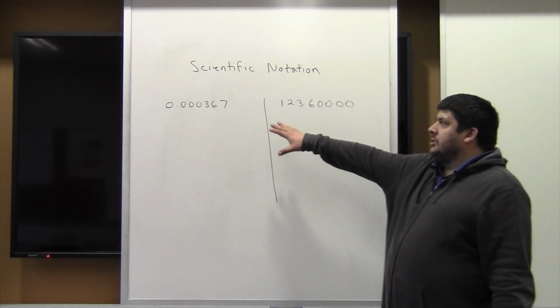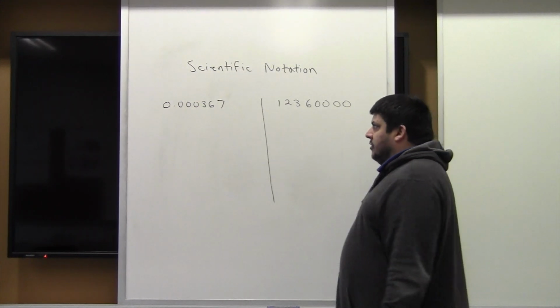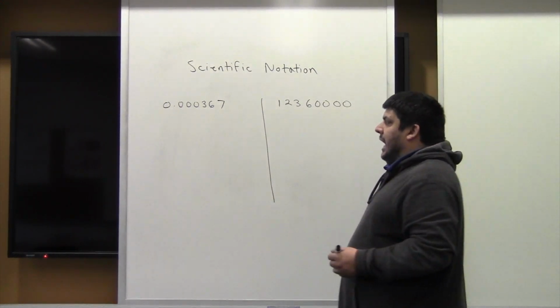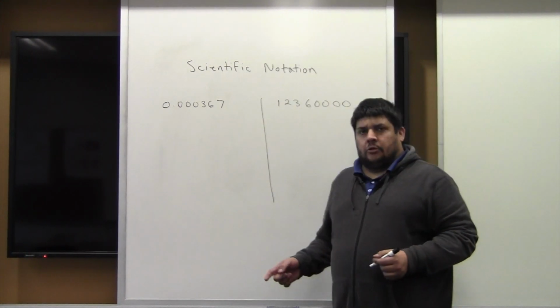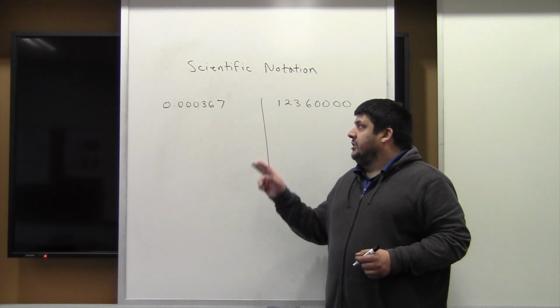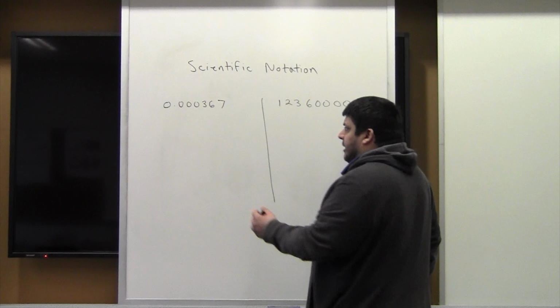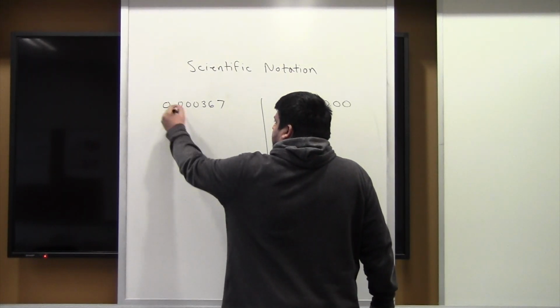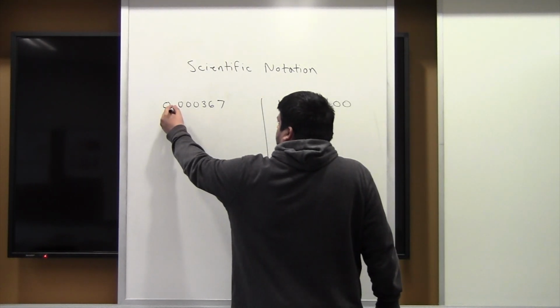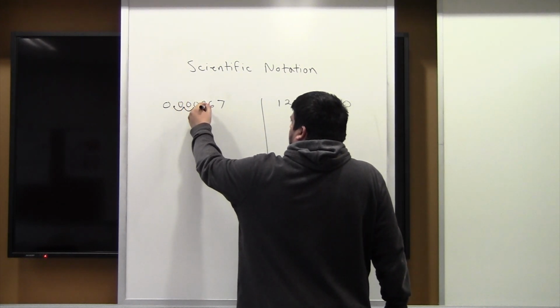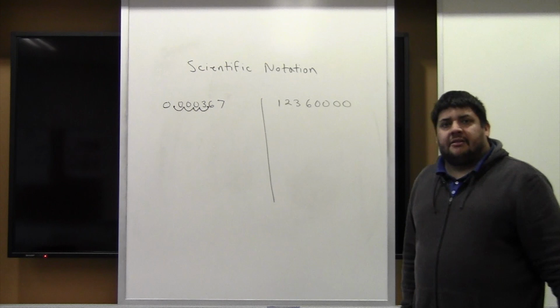Let's start with the case where it's a decimal to start with. First thing we need to do is figure out how many times we move the decimal over to get behind the first non-zero. Okay? So here's the decimal right now. I had to move it 1, 2, 3, 4 times to get there.